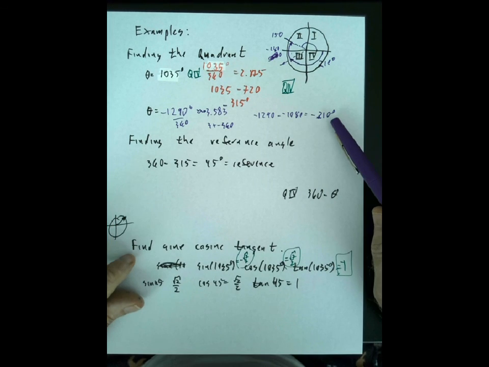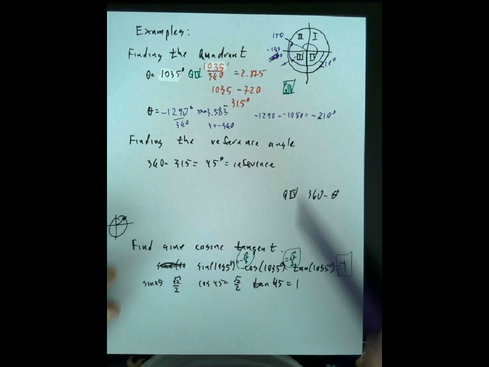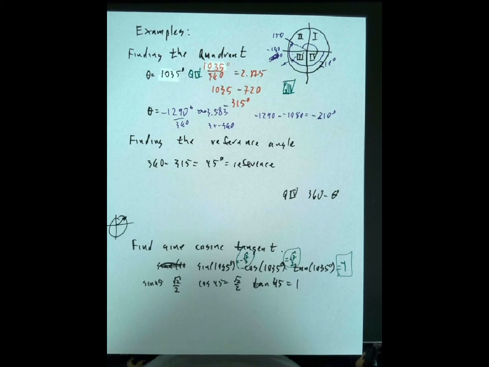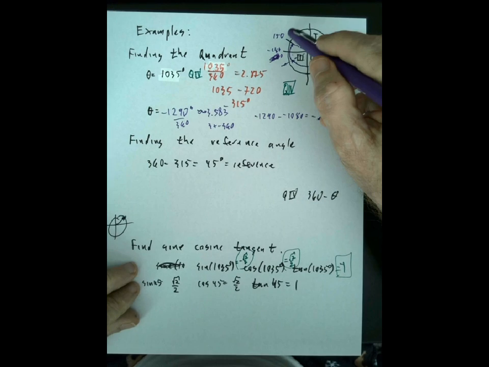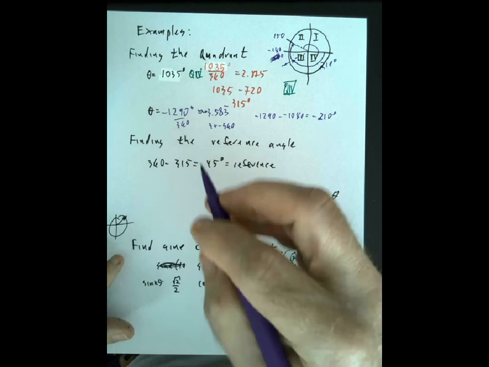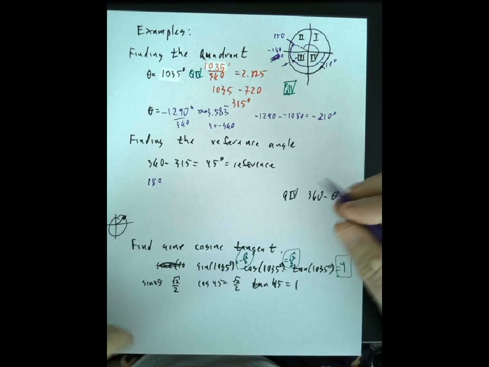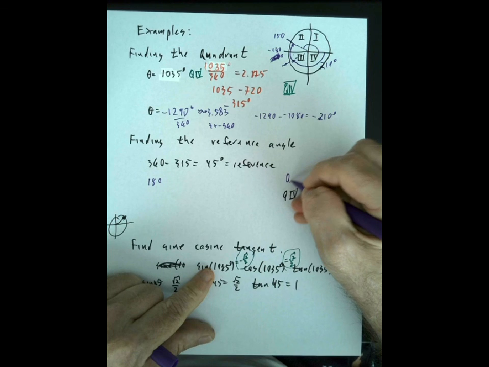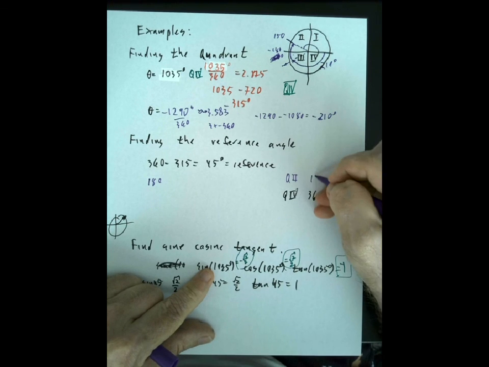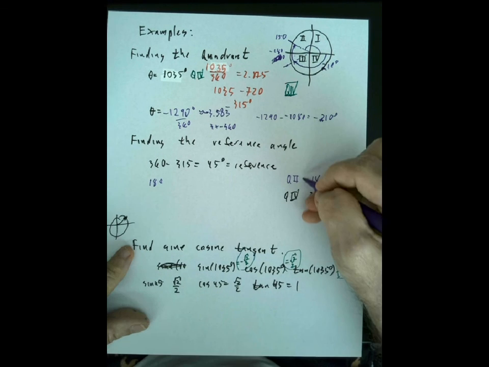Or you could see it this way. Negative 210, that's a Q2 angle, right? And 150 is a Q2 angle. So what we do is we're using our Q2 rule. 180 minus the angle gives us the reference angle, right?